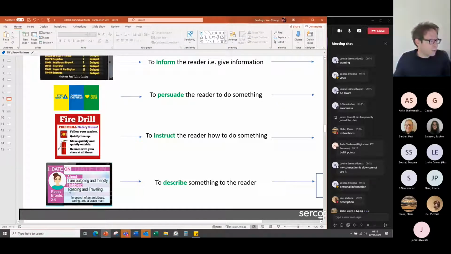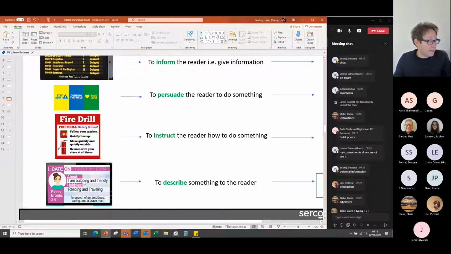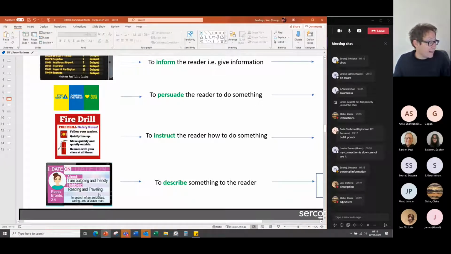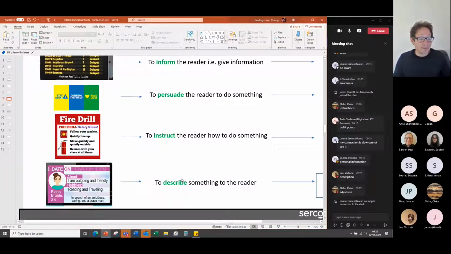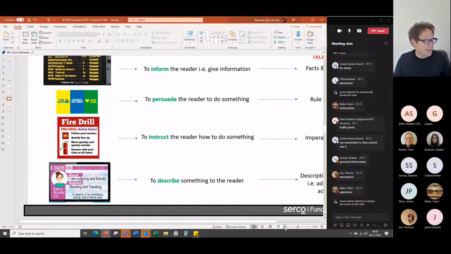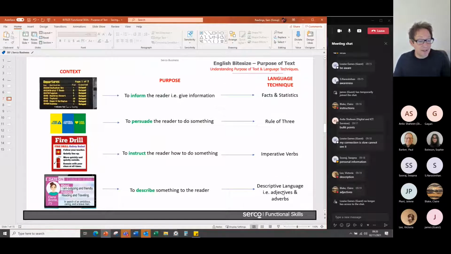So we've got a pronoun, we've got I, we've got a verb, we've got am. Exactly, Claire, good, well done. So we've got adjectives. So I'm outgoing, friendly. She's also ambitious, caring, brave. These are all adjectives. These are all descriptive words. So that's another way that you can use language techniques to help you identify descriptive text. There's going to be lots of adjectives.